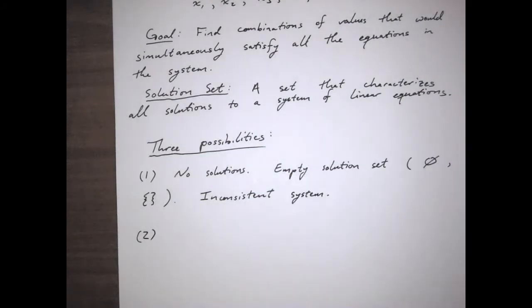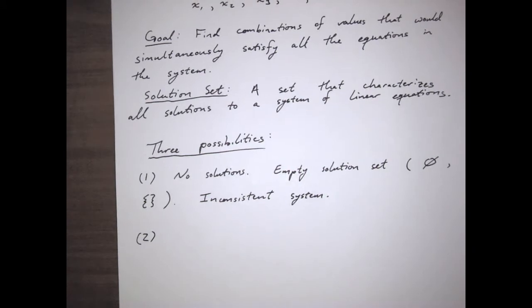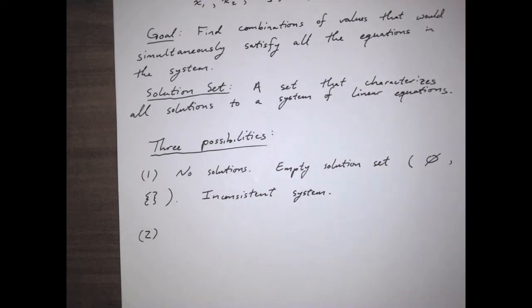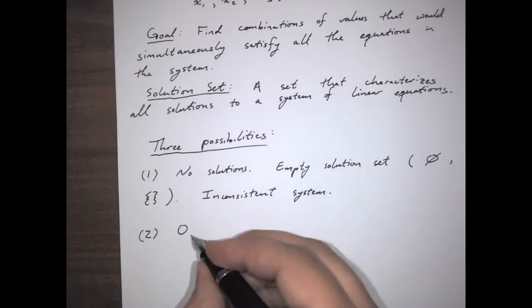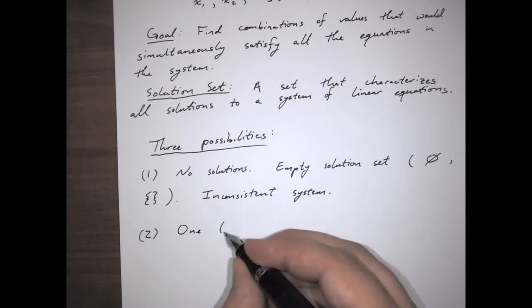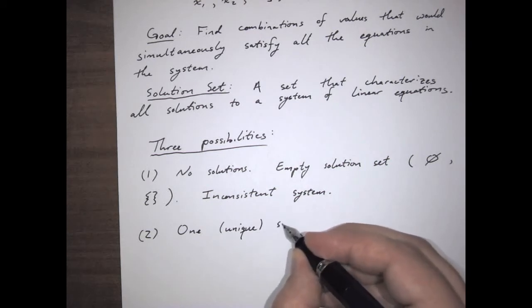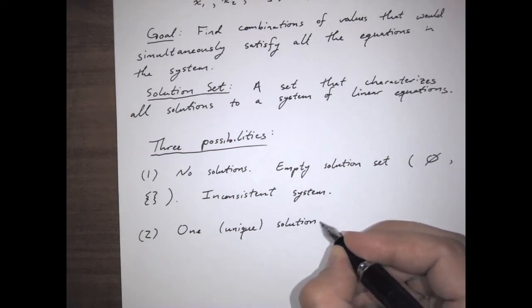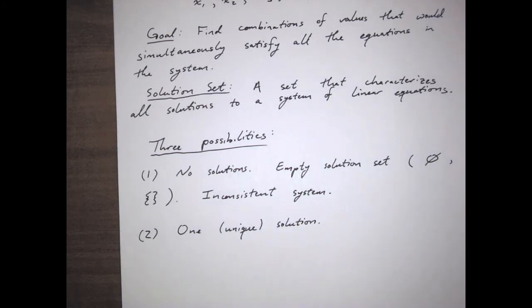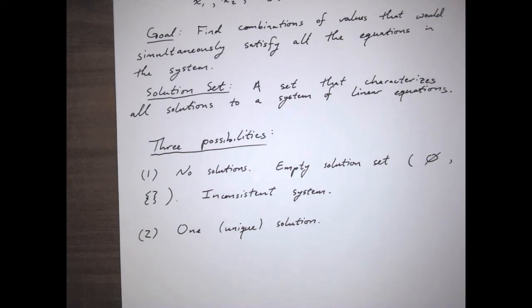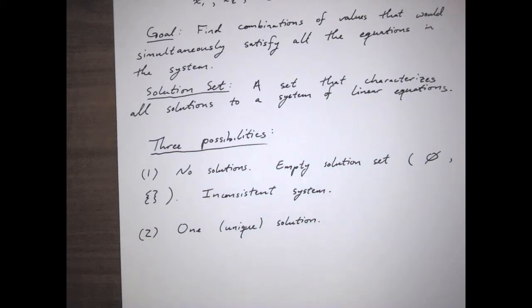Okay, so that's one possibility, is that there are no solutions at all. Now, that's sort of the worst case scenario. The best case scenario is that there is a solution, and in fact, there is only one solution, one unique solution, as we say. What this means is that the system has one particular solution, one combination of values, one for each variable, which ends up then satisfying simultaneously all of the equations.